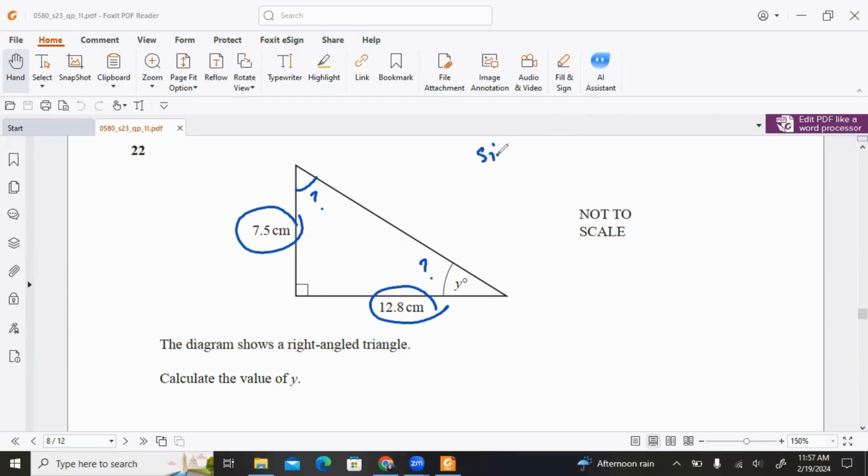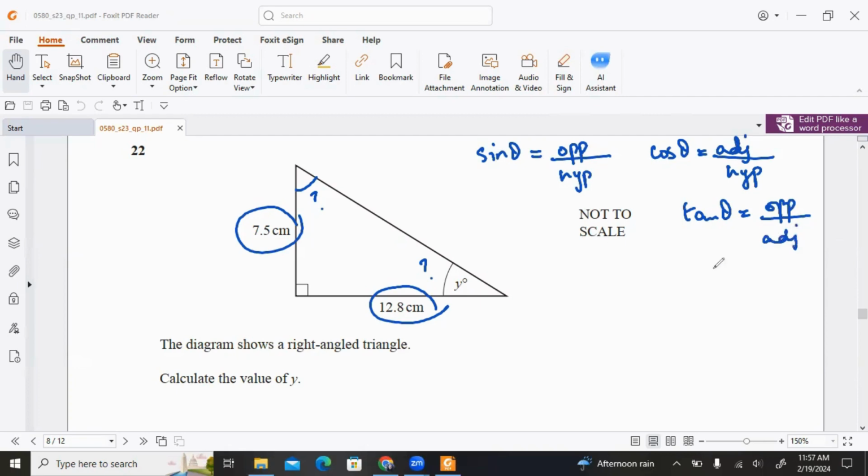Now the trig ratios are sine theta equals opposite over hypotenuse. Cos theta is adjacent over hypotenuse. And tan is opposite over adjacent. Now, what's adjacent? What's opposite? What's hypotenuse? Hypotenuse will always be your diagonal line.